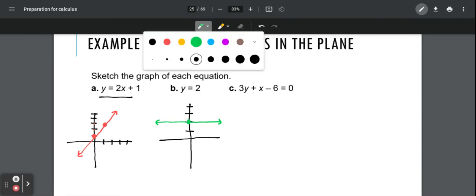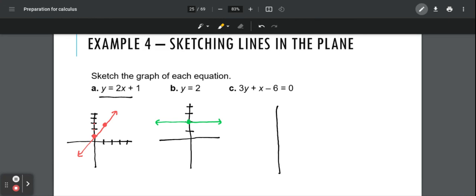And then this last equation is in standard form or general form. So the easiest way to graph this is let's put it into our ax plus by equals c form, and we're going to use intercepts to graph. So if we did that, we would have x plus 3y equals 6.